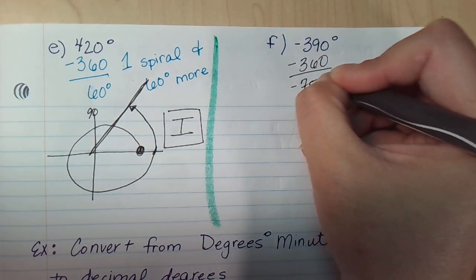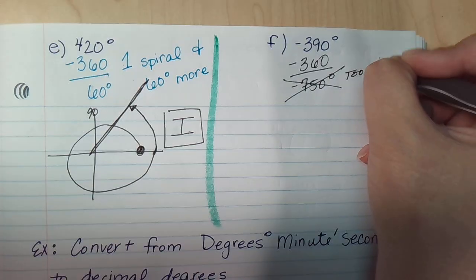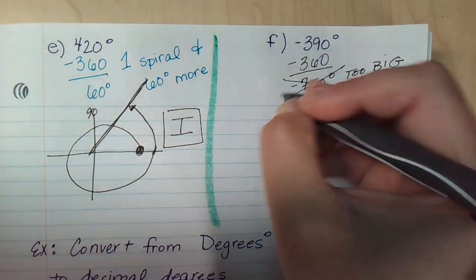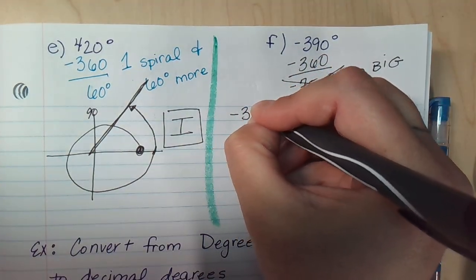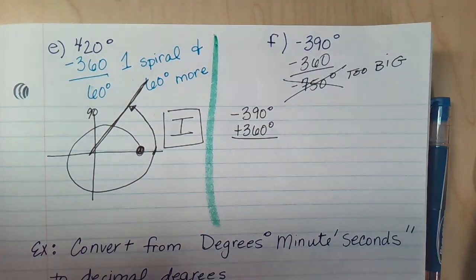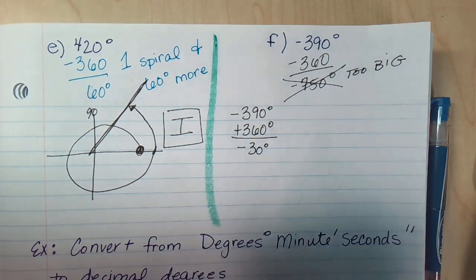That's not what we want. Too big. We're trying to get something that is on our unit circle, or below 360 degrees. So we're going to add instead. Let's add 360 degrees, and we're going to get, I think, negative 30 degrees.